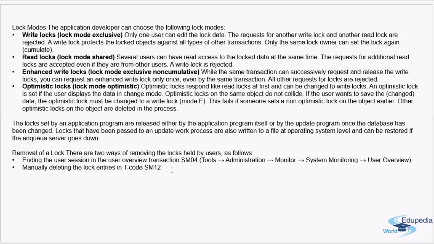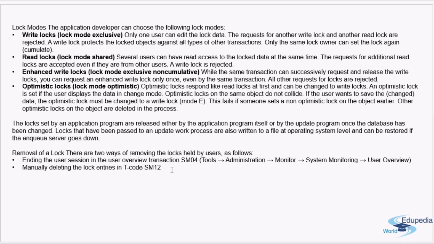And we should never ever delete the logs which are held by active users. Sometimes, because of work process multiplexing, at one point of time you might not find that user active in the system, but a log will be there in SM12. Maybe the process is waiting for some event, or it's in sleep mode.